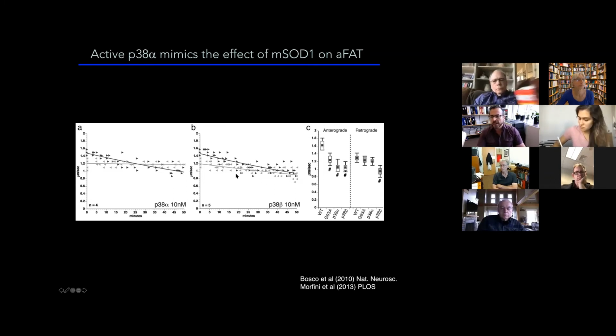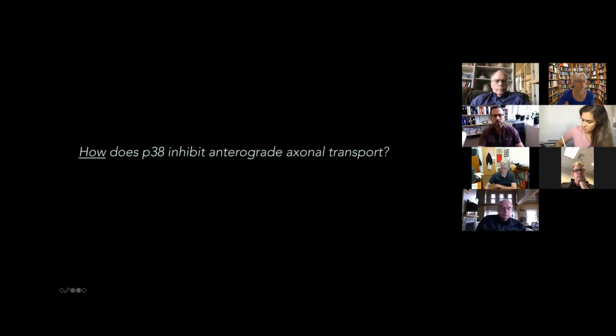It actually inhibits both directions of transport, meaning that we should not be misled by the fact that they are isoforms of the same kinase. They still have somehow a specificity of their substrates, okay? So after this experiment, we were pretty convinced that P38 has something to do with that.